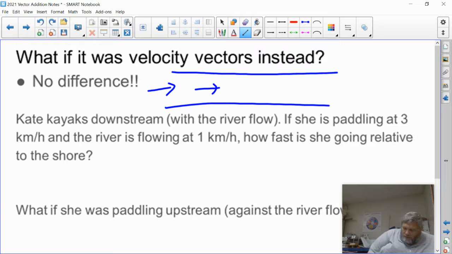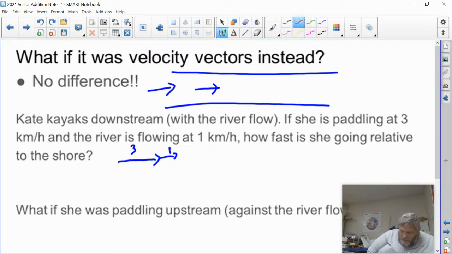Well, again, we can just draw. I'll do it this time without using the ruler. So this would be Kate going at 3, and here's the river going at 1. And so the entire trip she's traveling 4 kilometers per hour.